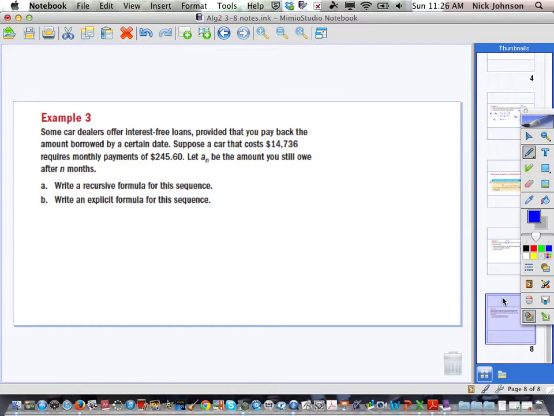Okay? So, it says, A says, write a recursive formula for this sequence. Okay? When I write a recursive formula A, my first term, A sub 1, is I have my loan amount, but I have already made a payment.